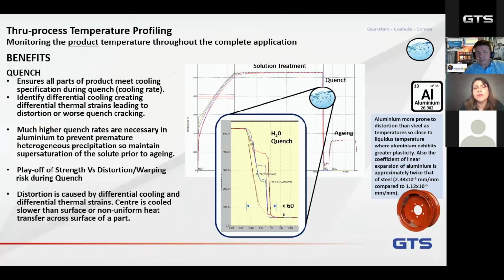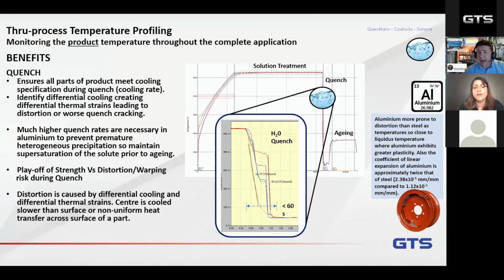So here we have an example of the typical profile that you get from a T6 process showing the quench. Now, the quench is quite a rapid temperature drop because water is one of the most effective quenching medias that you can use. And you have to be a little bit careful because it's one that will most likely cause distortion, particularly for aluminium, where you're working very close to the liquidus of the aluminium in the first place in the solution heat treat furnace.